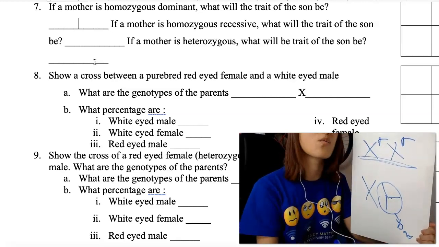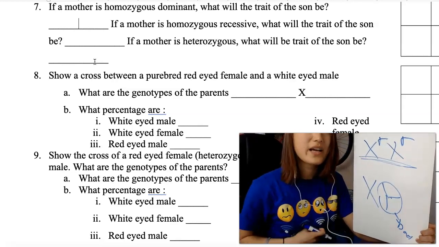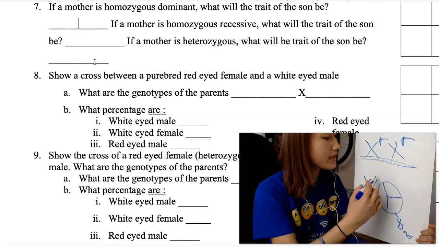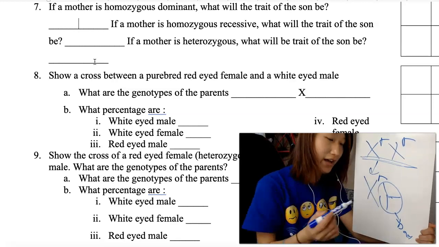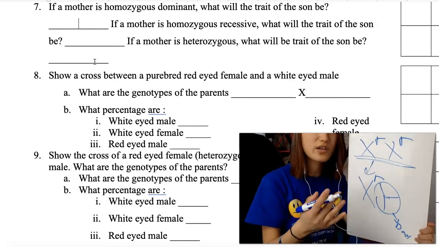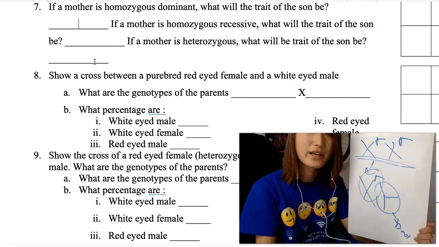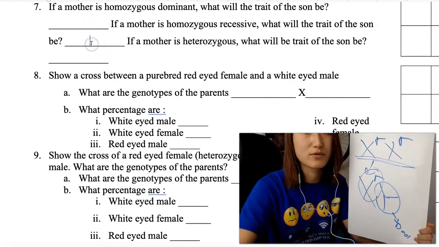We don't care whether the dad has the dominant trait or the recessive trait. It doesn't matter. Okay, and then that means you can only get the recessive allele from mom, because the X chromosome that you're getting is from mom, and mom only carries the recessive version of the trait. That means you can only be X little r Y. Okay, so what would the trait of the son be? That has to be recessive.